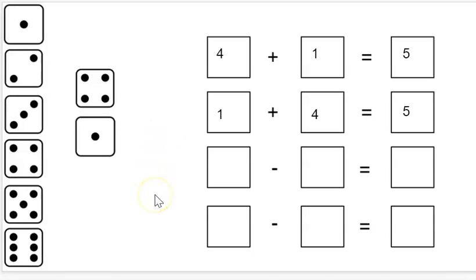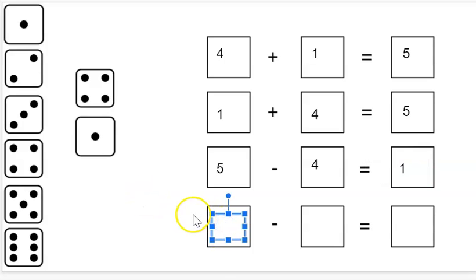Now I'm going to create a subtraction equation. So if I have 5 total, and I take away 4, subtract 4, how many am I left with? That's right, 1.